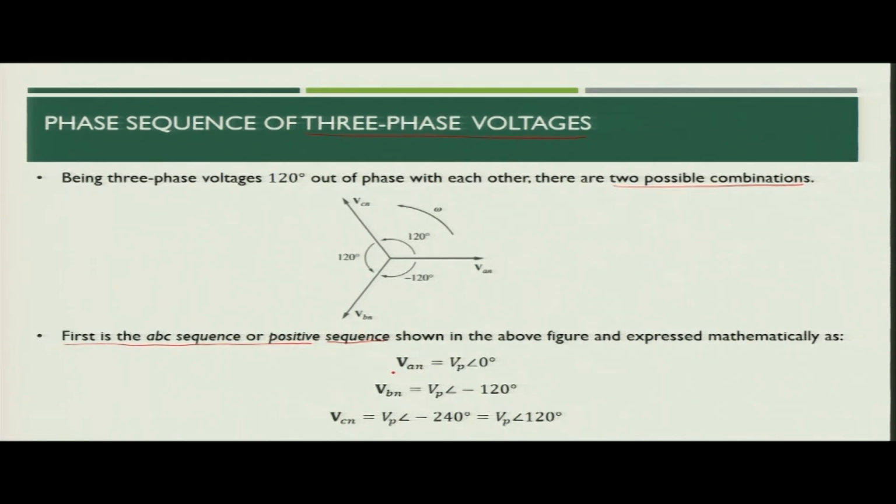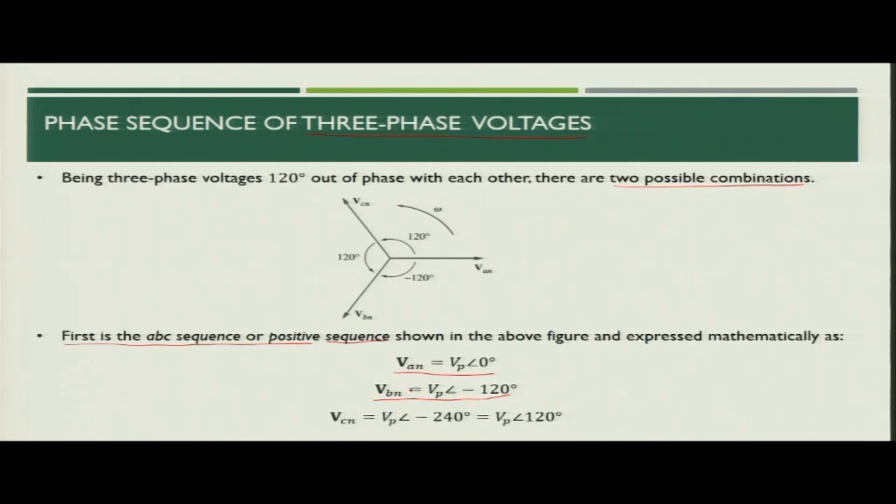So, we can write VAN as the RMS value VP angle 0 degree, and then VBN will be VP angle minus 120 degree. When we say it is balanced, you will have the same magnitude and the angle difference will be exactly 120 degree.